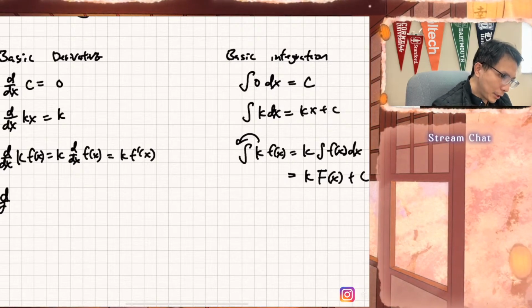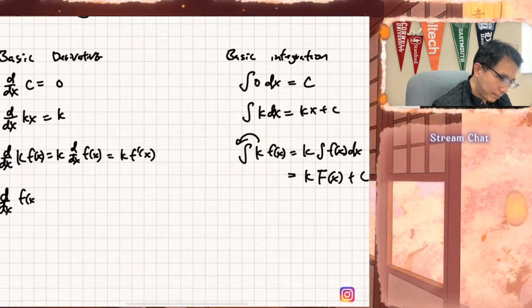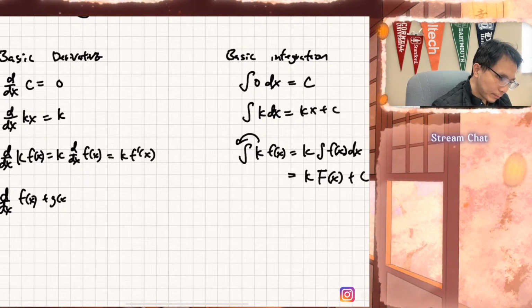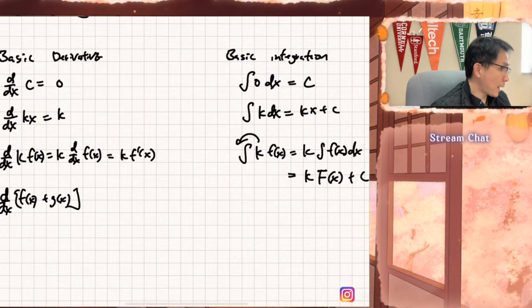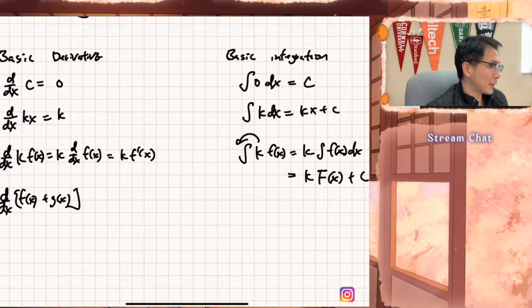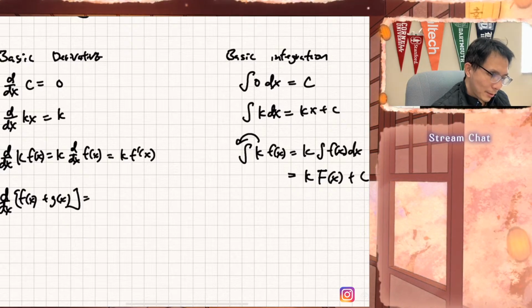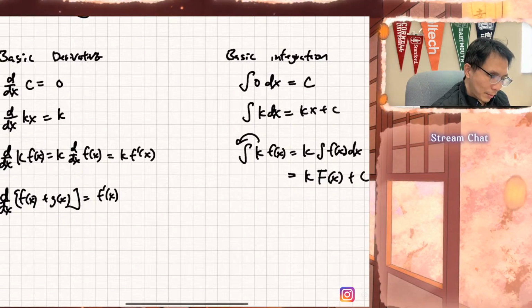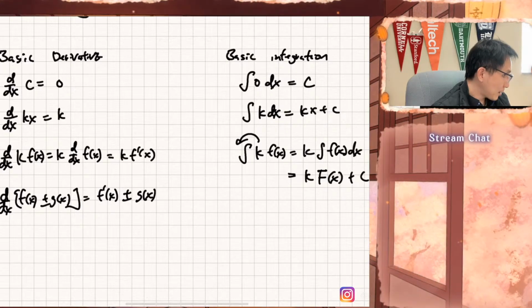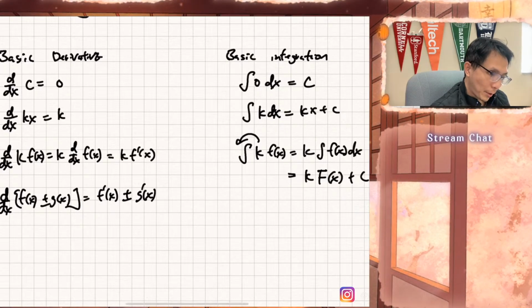Now, if I take a derivative of two functions, f of x plus g of x, for example the derivative of sine of x plus cosine of x, that just means f prime of x plus or minus g prime of x. Does that make sense?